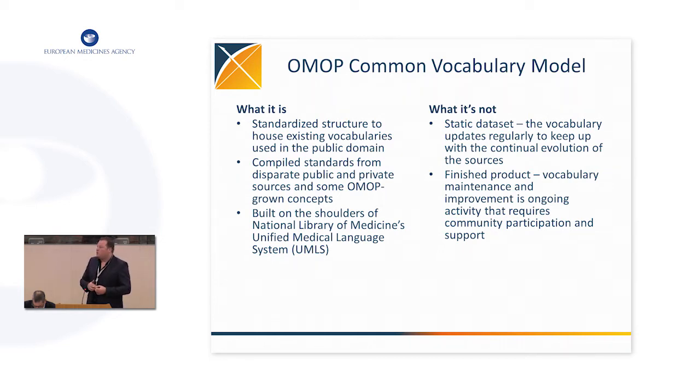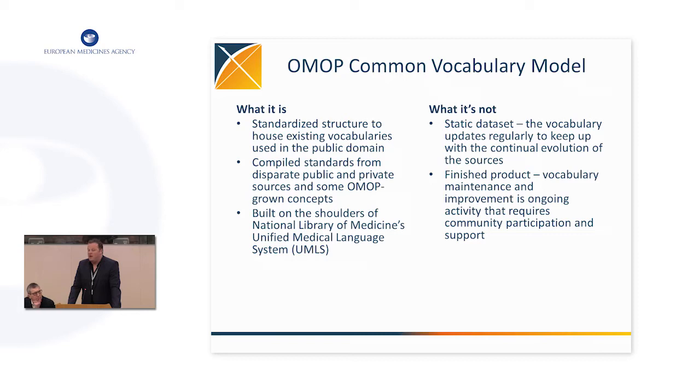It's built on the shoulders of the UMLS, and we have added a couple of OMOP-grown concepts mainly for types, but overall, I think 99% of the standardized vocabularies is taken from others. So what is not? It's not a static data set.